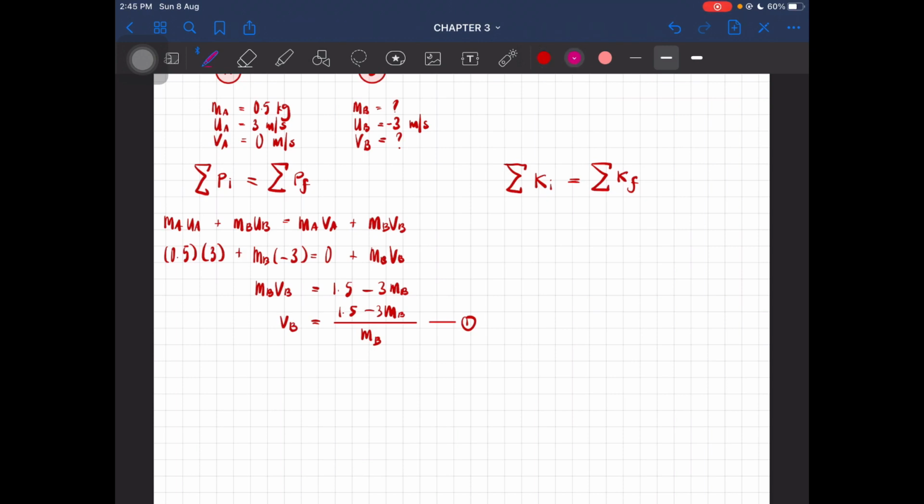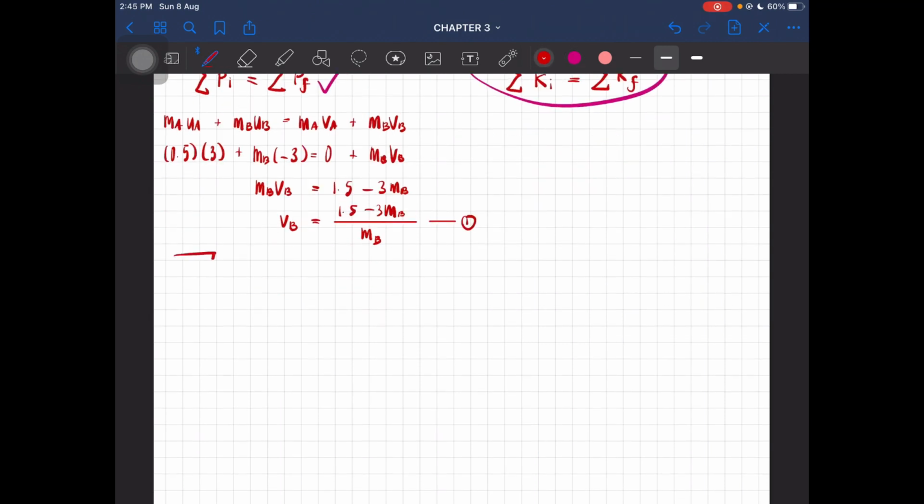Okay, so we have used this, now we have to use the other equation. Total initial kinetic energy is equal to total final kinetic energy. We know that the formula for kinetic energy is half mv squared. Remember the square at the back.